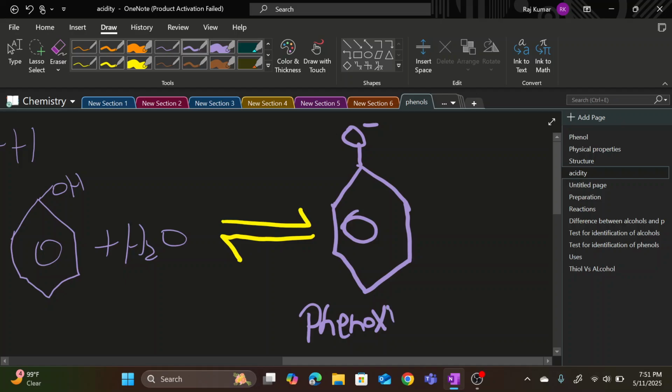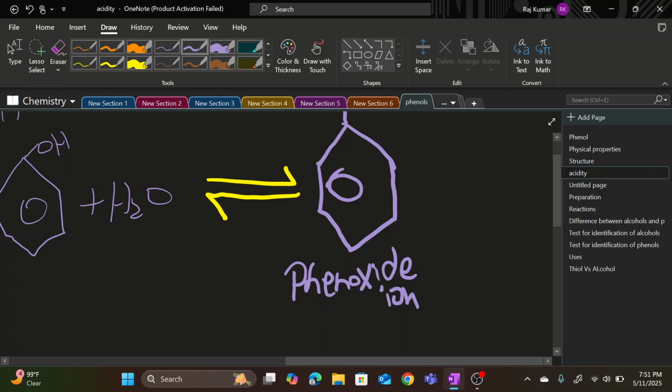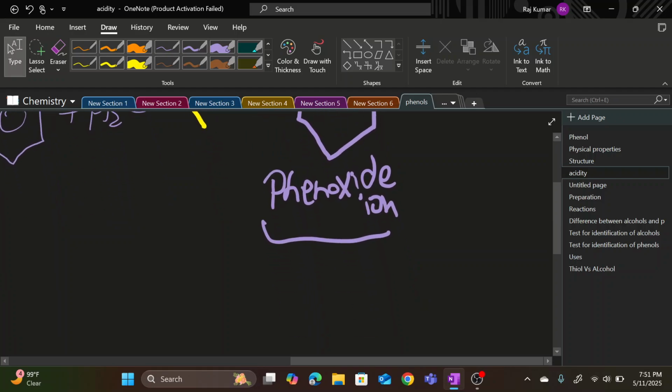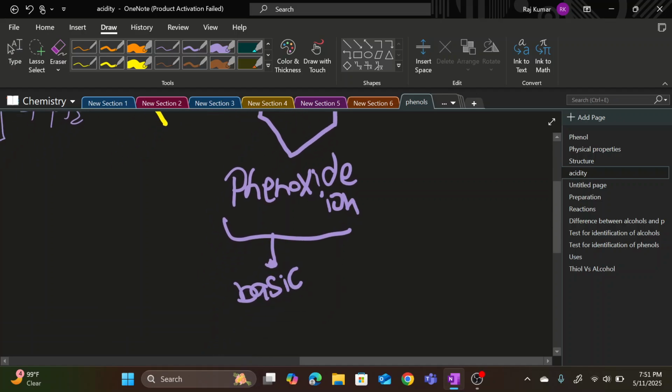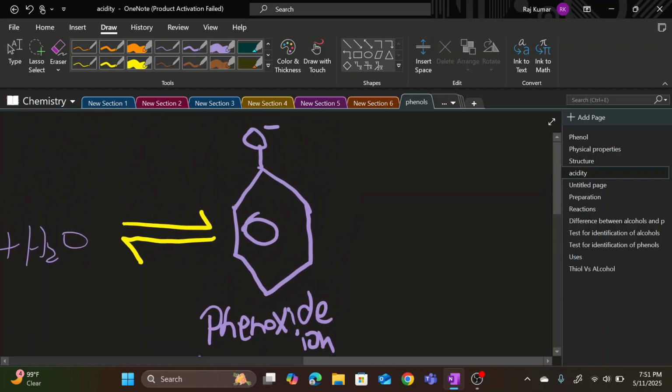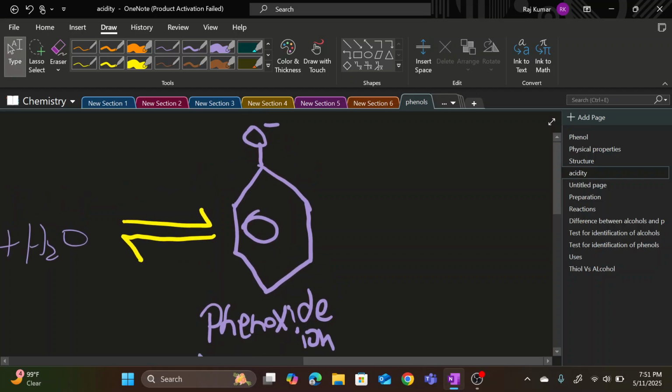That phenoxide ion is a basic ion because of the presence of the negative charge, and it defines the acidity of phenol, alongside which we get the hydronium ion.